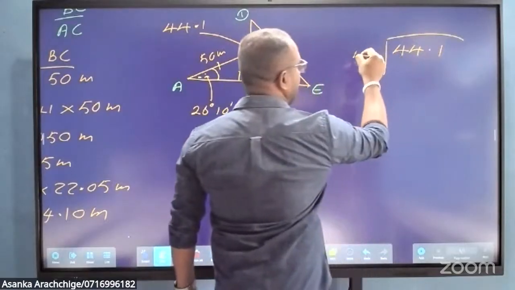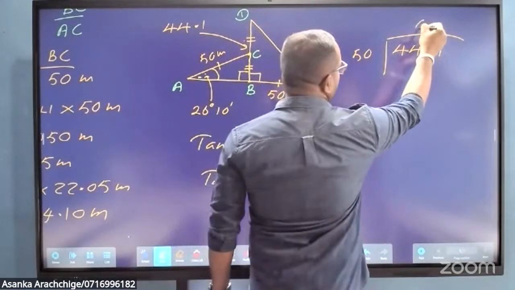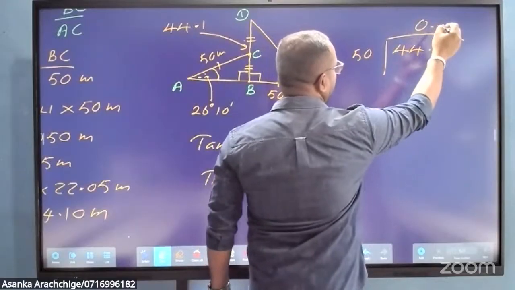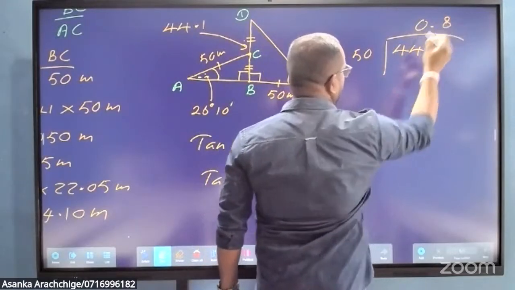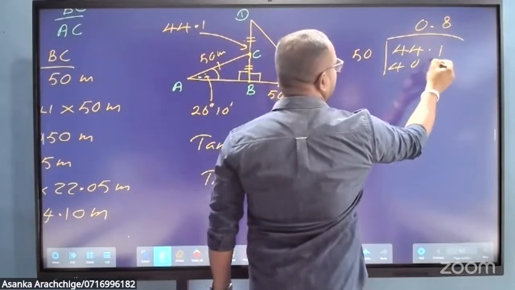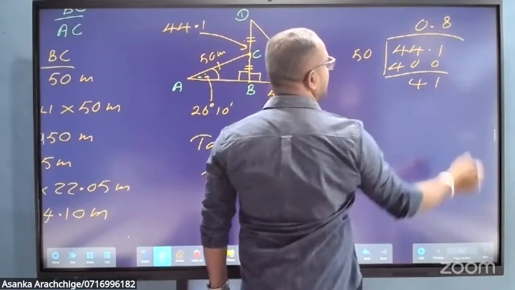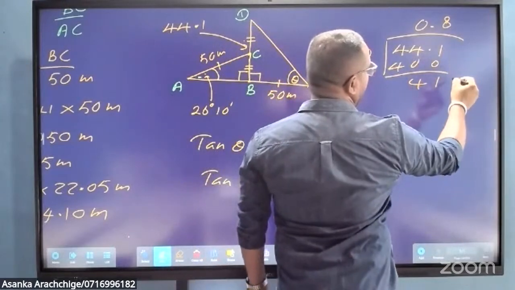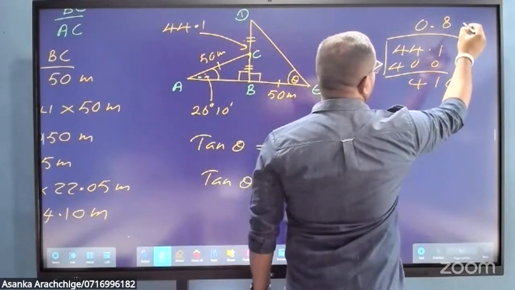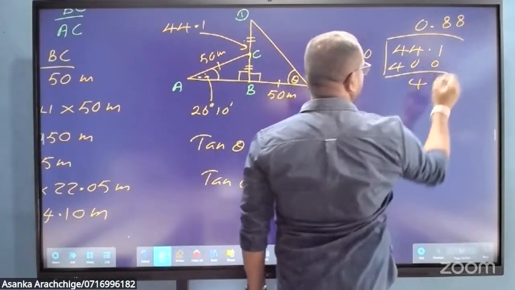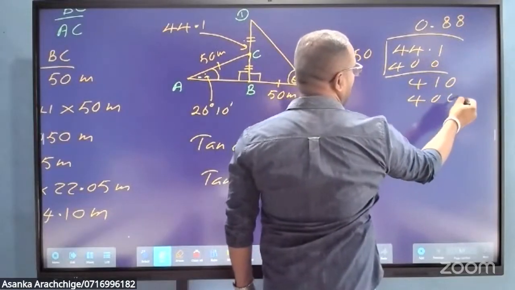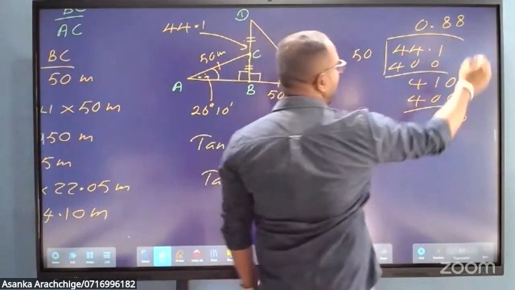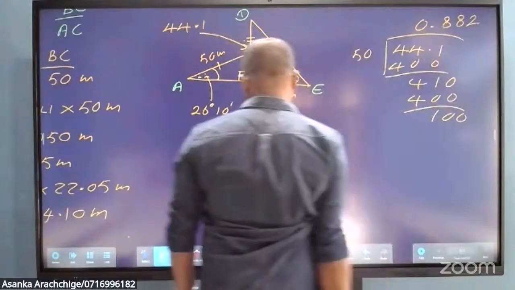Now divide 44.1 by 50. 50 times 0, then 441. 50 times 8, 441 remaining. Take a 0 again, 50 times 8, which is 400. Now 10 remaining, take one more 0, 50 times 2.